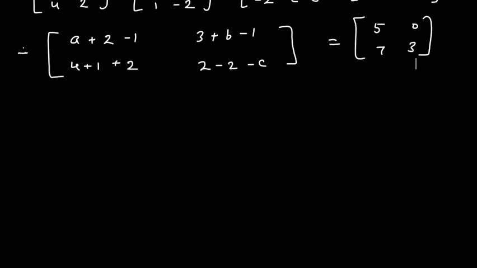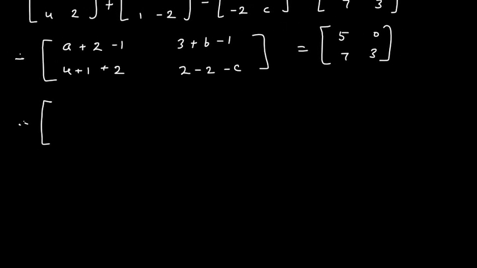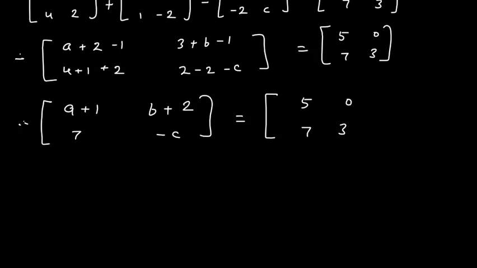So this will give me a plus 2 minus 1, it is a plus 1, here it is b plus 2, here it is 4 plus 3, 7, and here 2 minus 2, 0, it is minus c, and on the right hand side we have 5 0 7 3.